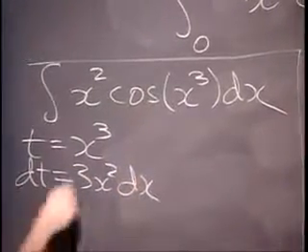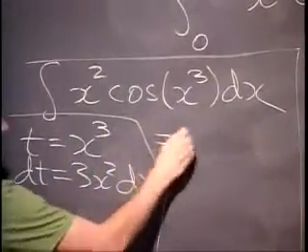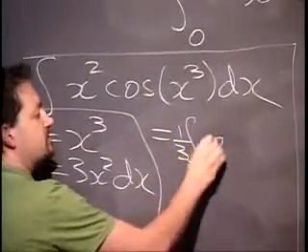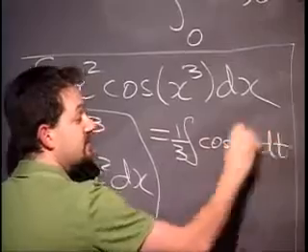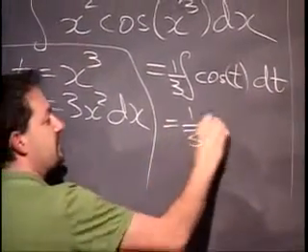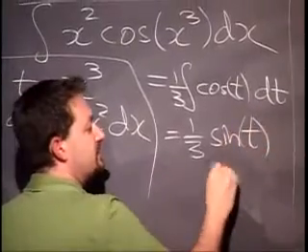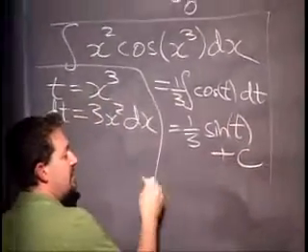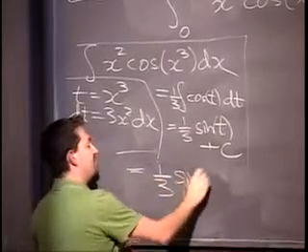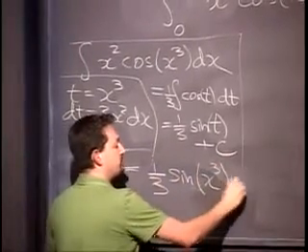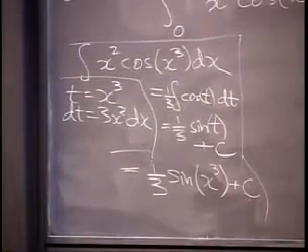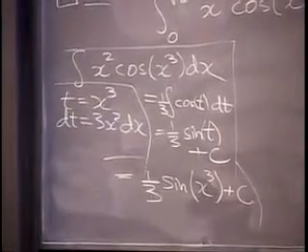We divide by 3, and in t land this thing worked out to be 1/3 cosine of t dt, not dx like I wrote before, and so you get 1/3 sine t plus a constant, and this worked out to be 1/3 sine x cubed plus a constant. I went through that very quickly because I just did that example 10 minutes ago.